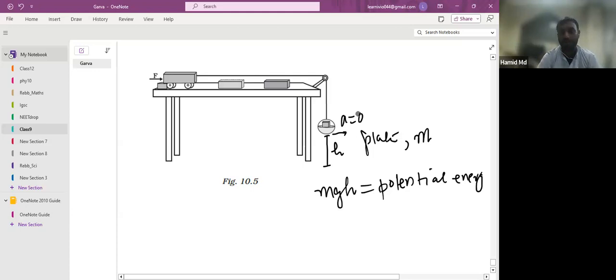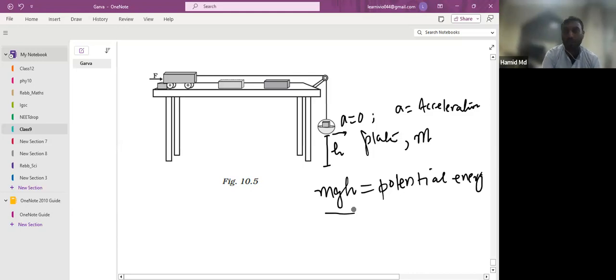A is acceleration. So if the acceleration of the block is 0, this will be the potential energy, right? Clear? Any doubt?